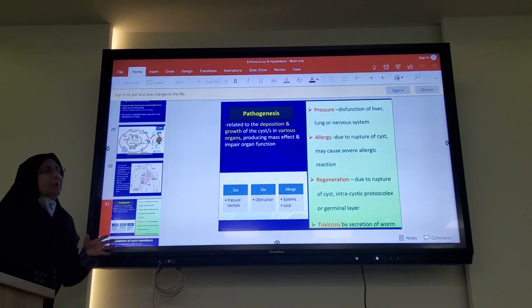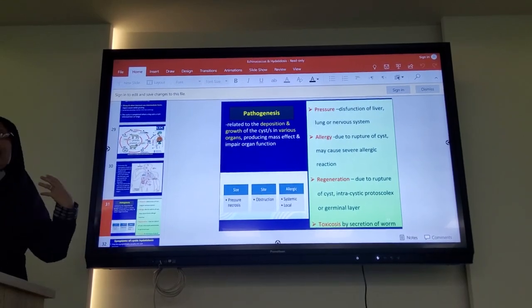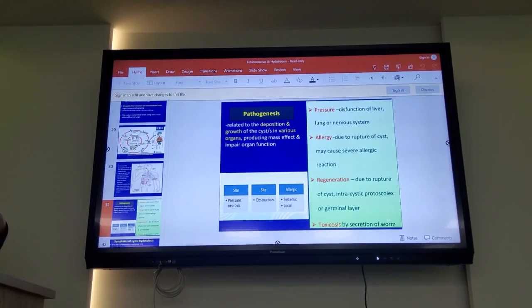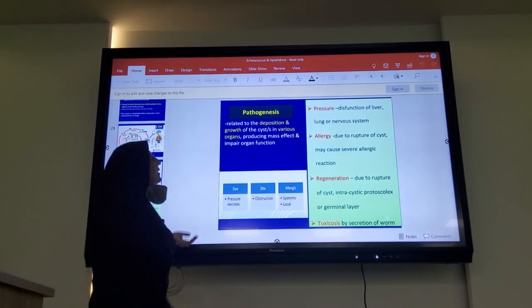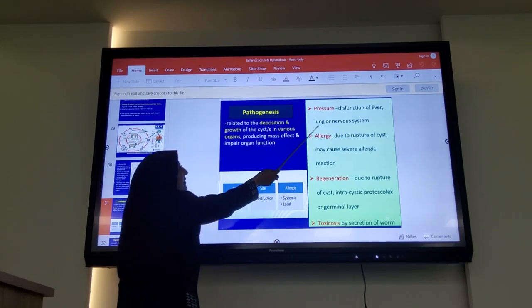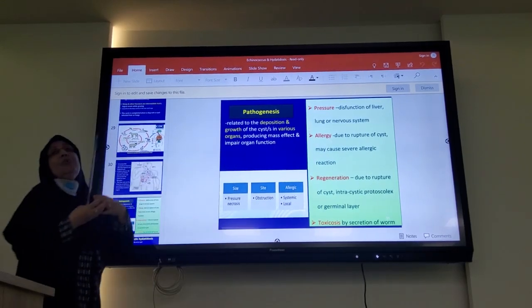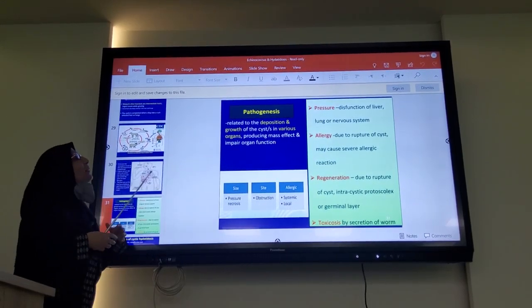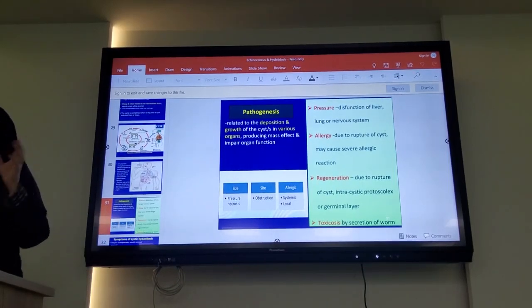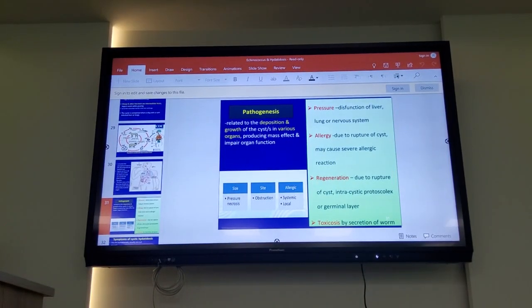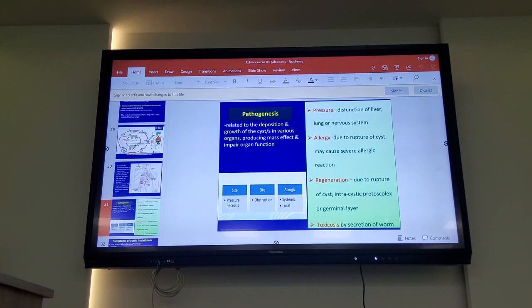Let's talk about the pathogenesis. So we have the parasites developing in different parts of the body, especially in the liver. The pathogenicity is related to the pressure of the cyst, allergy to the fluid, and when part of the germinal layer or protoscolex moves to other parts of the body, they can develop into new cysts.